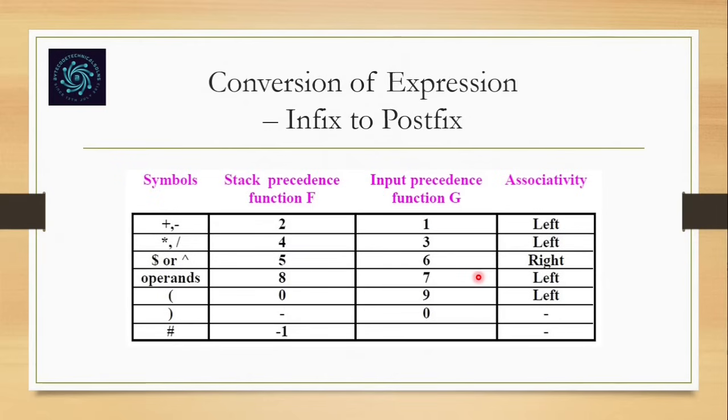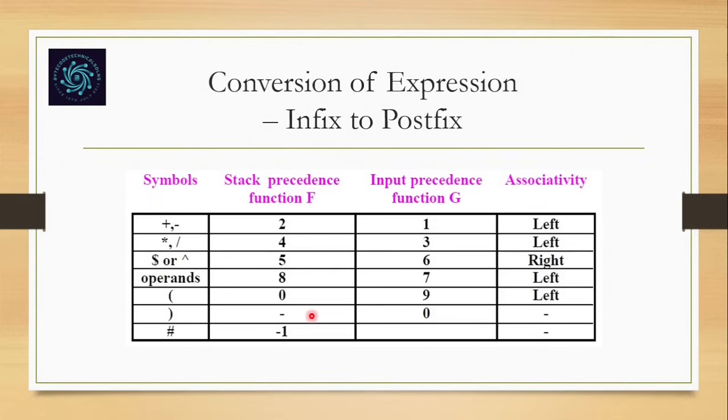Whenever the plus or minus symbol is available in the function f, that is at the stack, it is taken as value 2. Similarly, if plus and minus appear in the input expression, then from the function g we take its value as 1.